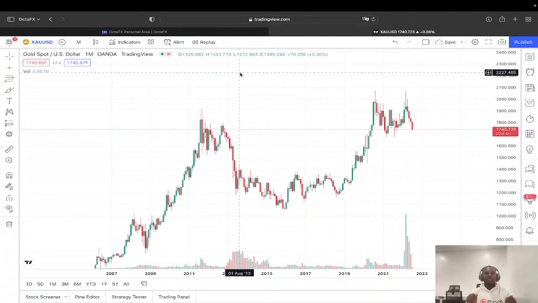So we want to ask ourselves the first question I've always asked, and I've always said that we should ask ourselves whenever we want to analyze the market, and that is the question of what is the current market structure?